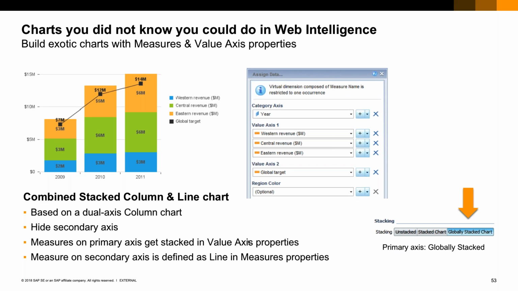And then you play again with the stacking settings, but this time, instead of using the standard chart, you use the globally stacked chart. This way you have all the values in a stacked chart, here the Western, Central, Eastern regions, the way I call them. And then on the second axis, you just put the fourth measure, the global target that you want to see.